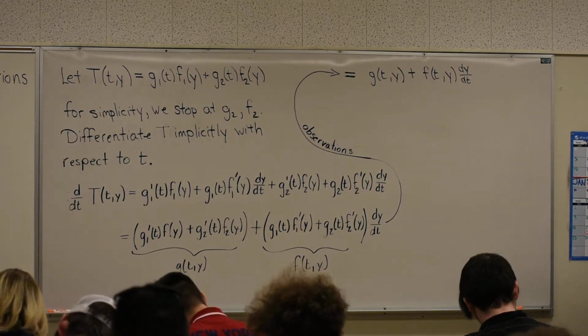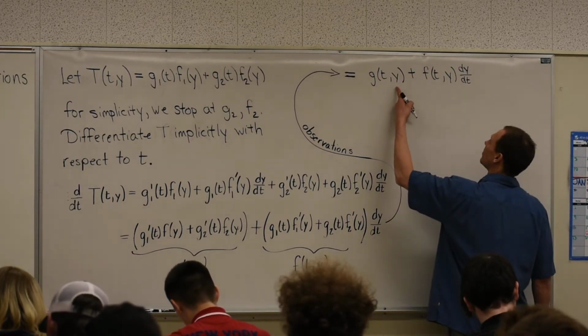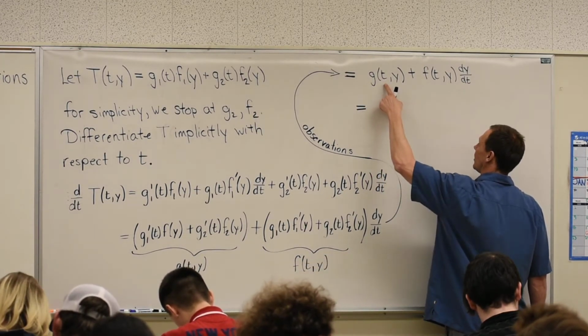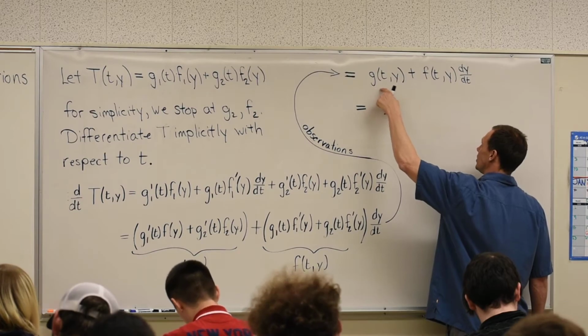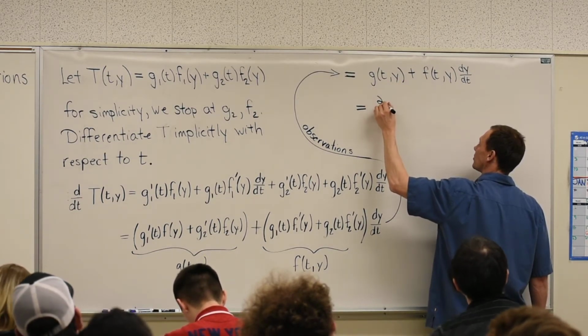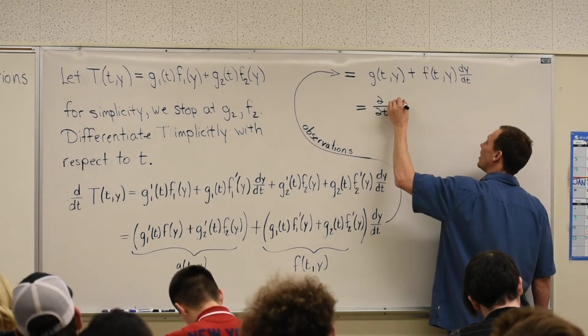But look at this. G of t and y, well, really what this is, is another way I've taken this. G of t, y is also the same as the partial derivative with respect to t.